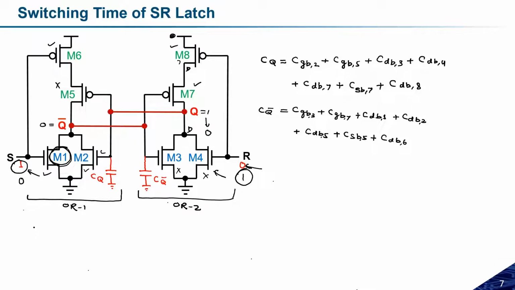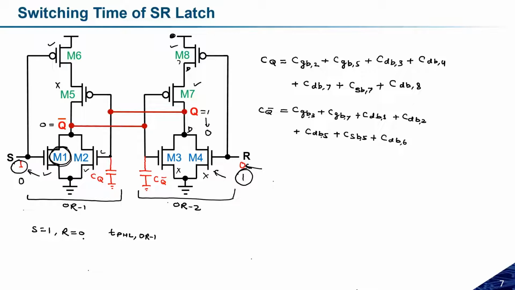We'll say that if S is equal to 1 and reset is equal to 0, in that case I need to observe tPHL for NOR gate 1.